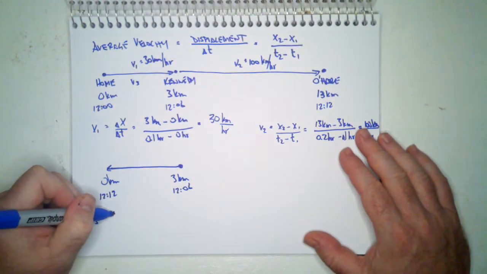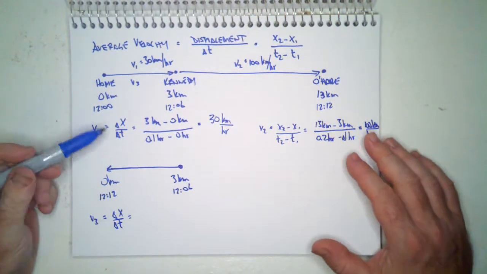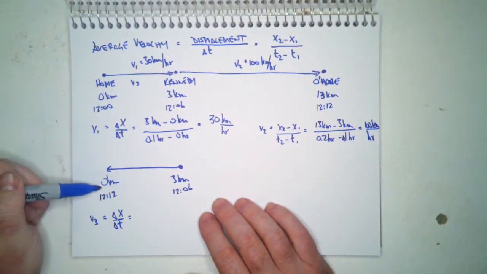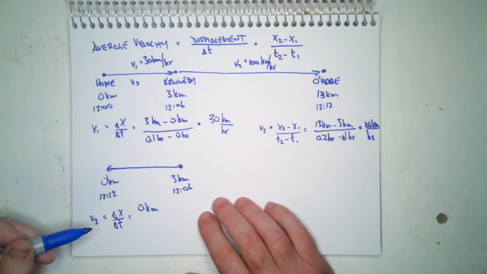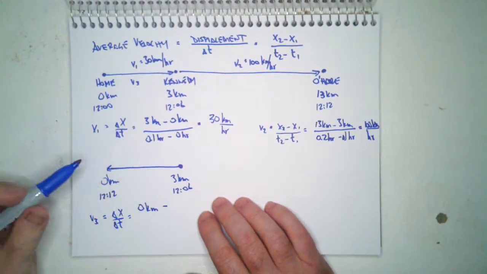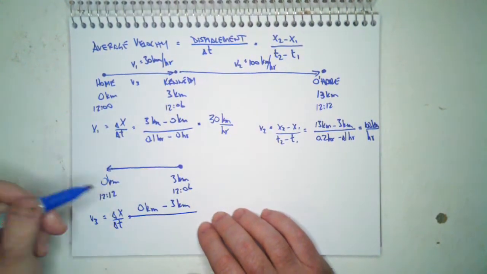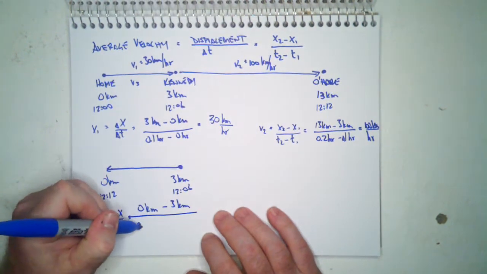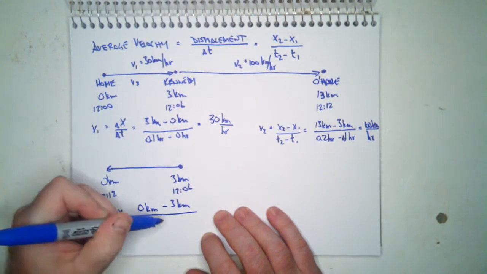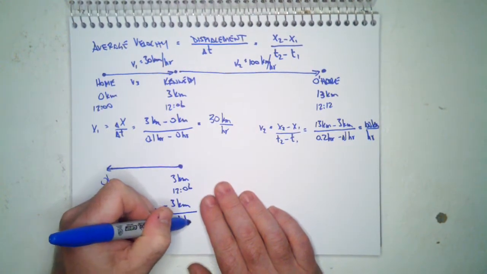V3 equals delta x over delta t. So now we put in the x we ended up at, which this time is 0 kilometers, minus the one we started at, which is 3 kilometers. Now time always moves forward, so the time we end up there is 0.2 hours, and the time we left at was 0.1 hours.